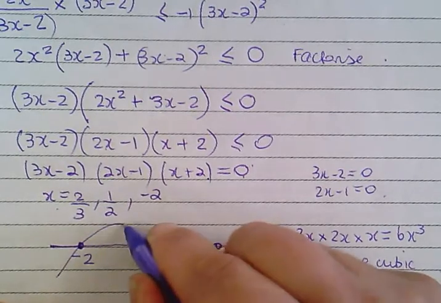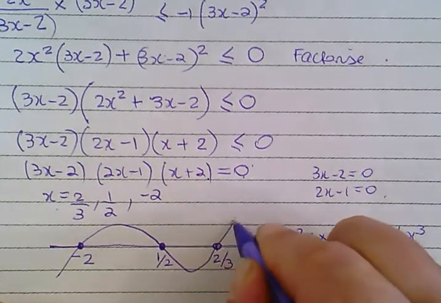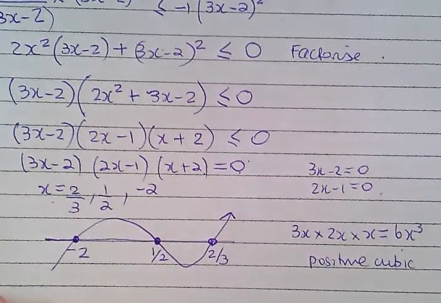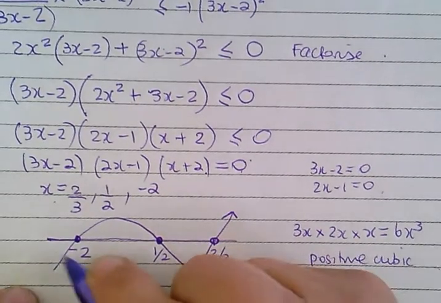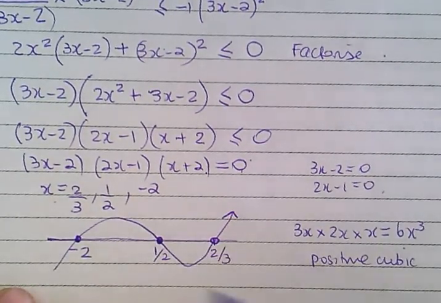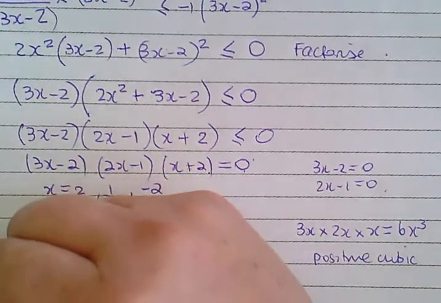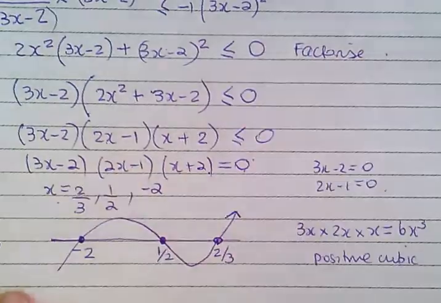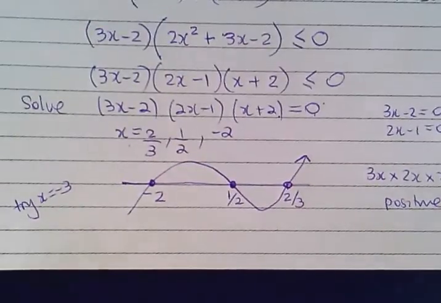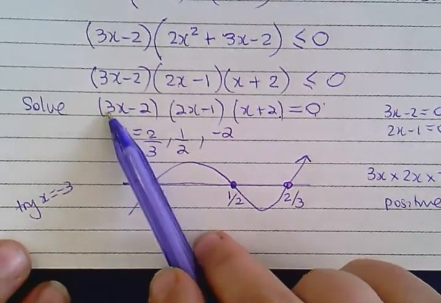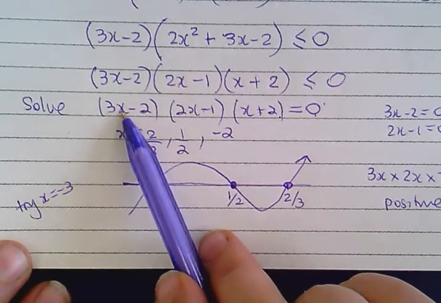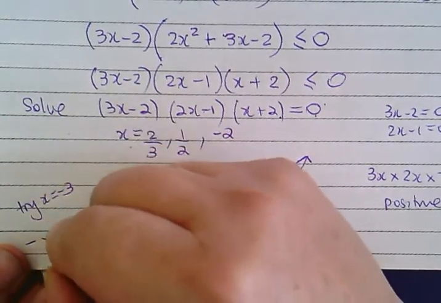So we think it goes this way, but you know what? Let's not think. Let's make sure that it goes that way. Which point could you test in this? Let's just try x is -3 and we should get an answer. Now, look, you don't have to work it out. What would the first bracket be? That would be -9 minus 2. It's negative, isn't it?